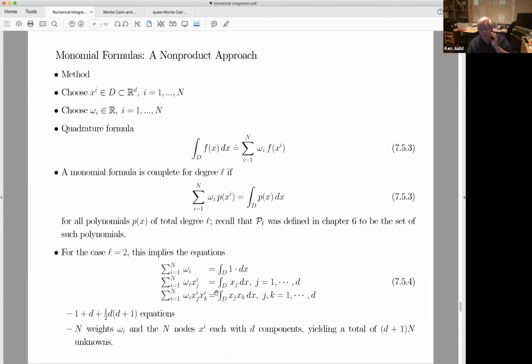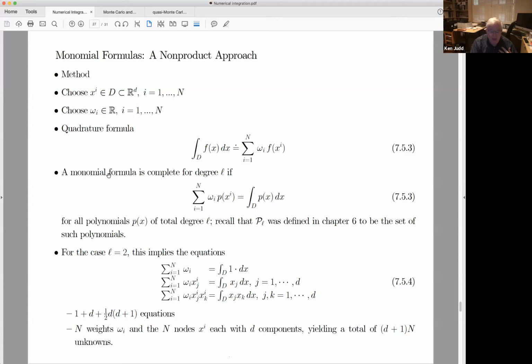The way to avoid those nasty curse of dimensionality approaches is to think of monomials and how they can be pieced together to form multivariate functions. Any numerical integration formula over any domain is going to have this finite sum structure.